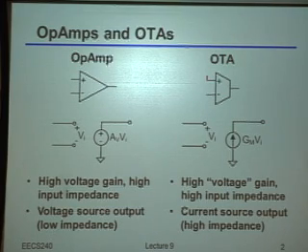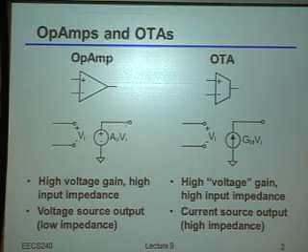The biggest difference between an OTA and an op amp is that in an op amp, you assume it's a controlled voltage source, meaning that its output impedance is 0. In an OTA, you assume it's a controlled current source. In other words, its output impedance is infinite, or as large as you can possibly make it. So in many ways, these two are very similar, right?